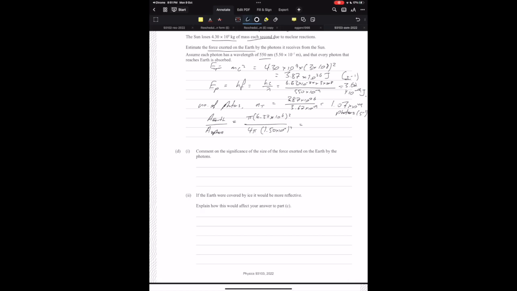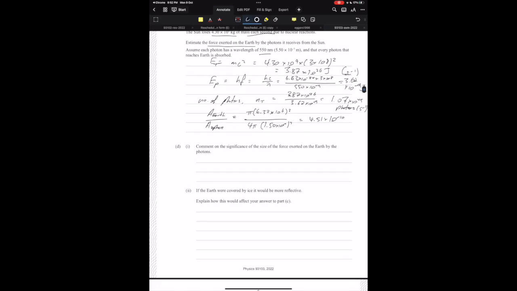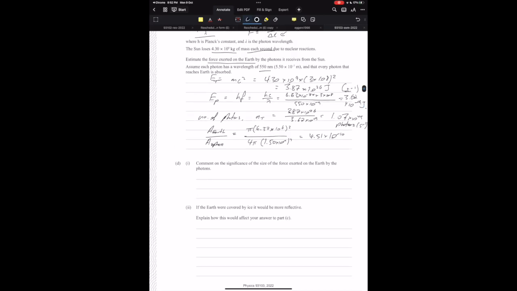Pi times 6.37 times 10 to the 6, all squared, over 4 pi times 1.5 times 10 to the 11, all squared. We get 4.51 times 10 to the negative 10. So that means of all those photons that we calculated before, only a proportion of 4.51 times 10 to the negative 10 actually arrive on Earth.